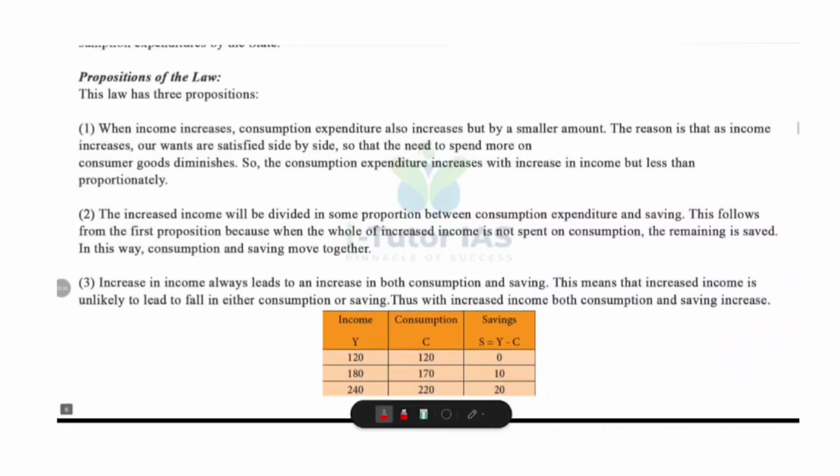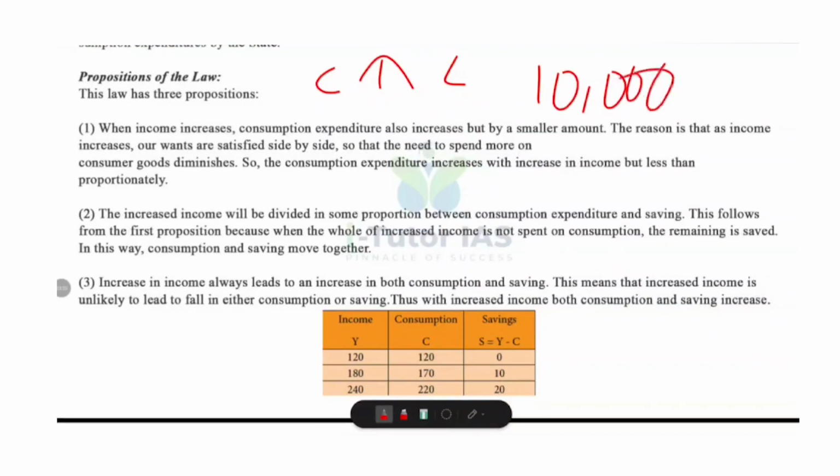Okay, first proposition was consumption increases but less than income. As I told you earlier, when income increases, people do spend more, but not the entire extra income. A part of it is saved. Now, let's say your income increases by 10,000. You might spend 8,000 more on consumption like food, clothes, and entertainment and so on.